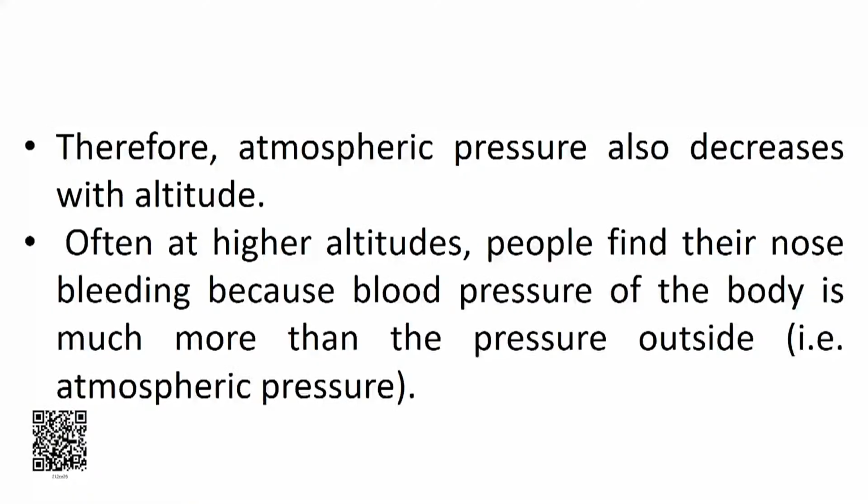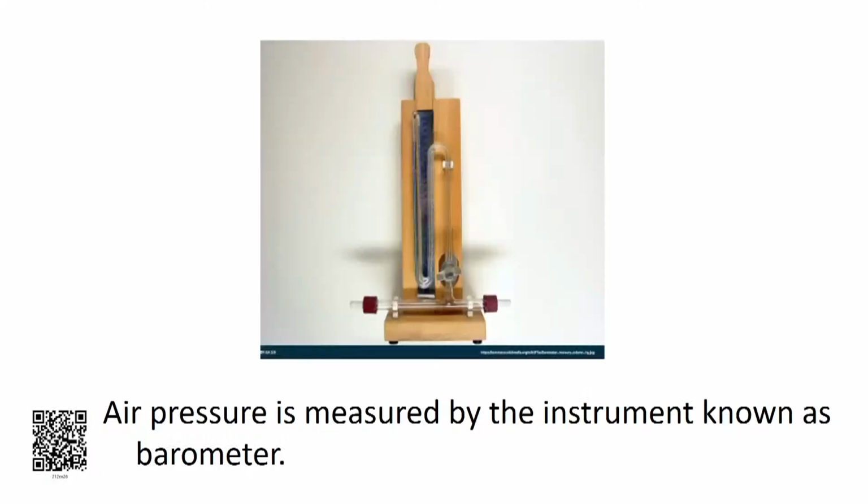Therefore, atmospheric pressure also decreases with altitude. At higher altitude, people experience nose bleeding, because the blood pressure of the body is much more than the pressure outside. Air pressure is measured by an instrument known as a barometer.